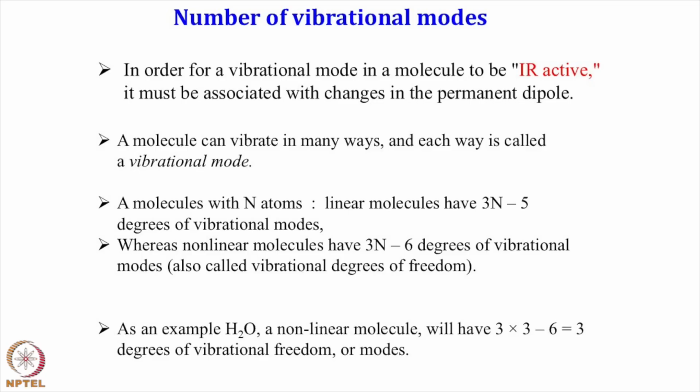A simple concept of vibrational mode calculation, of how molecules vibrate and what is IR active or not, is given like this. If the molecule has n atoms and it is a linear structure, then it will have 3n minus 5 vibrational modes.